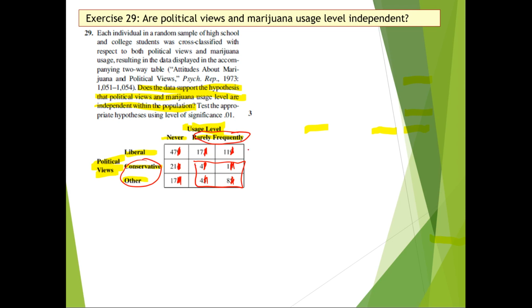Maybe if you combine rarely and frequently, you're still going to have a small number in here. It's going to be 5 and 12 if you combine those. While if you combine conservative and other, you will have 9 and 8. So it looks like you will be safe if you combine the 2 rows here rather than the 2 columns.